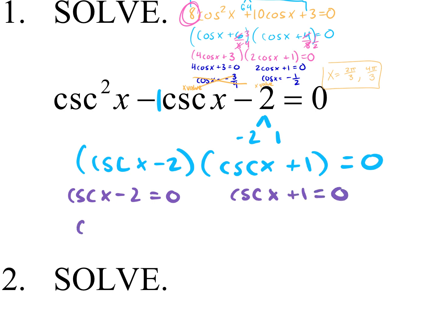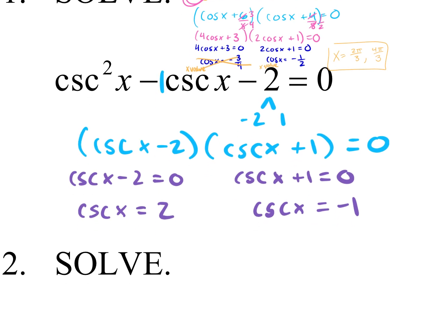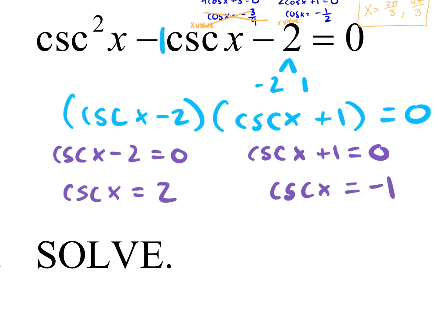So cosecant is equal to 2 and cosecant is equal to negative 1. So cosecant tells me I look at what? 1 over y. Yes. So is there anywhere where I have the 1 over y value of 2 on the unit circle?